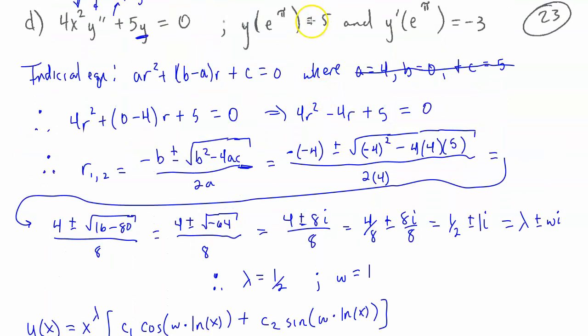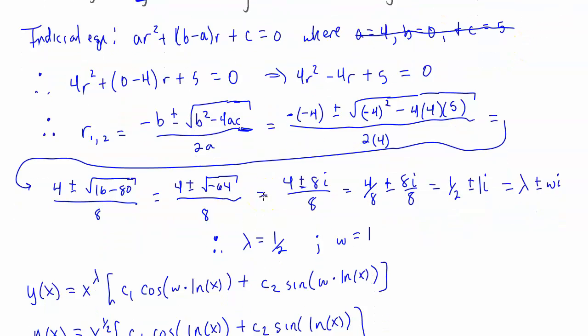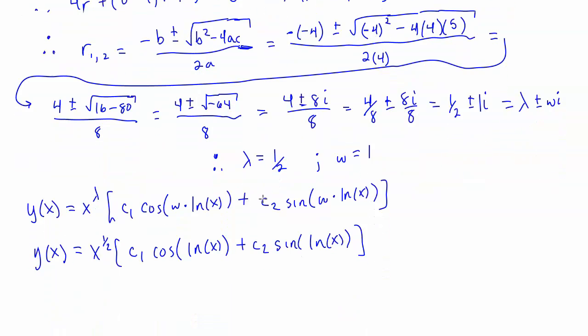If we go back to our initial conditions here, we have the actual solution here at a specific point, and we have the first derivative. So let's go ahead and take the first derivative of this function now so that we can use it later.